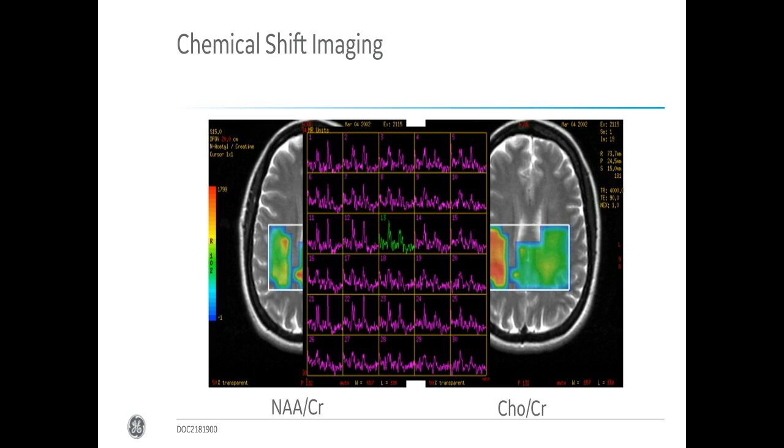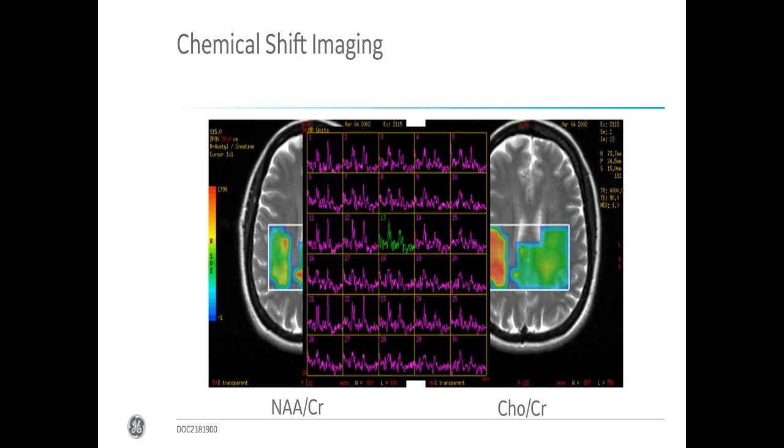So you get a grid of spectra, and unfortunately, I forgot to put that on the mouse button, so we can't see the color maps underneath now, but believe me, there is a tumor here where we see lower NAA over creatine in that region and higher choline over creatine.